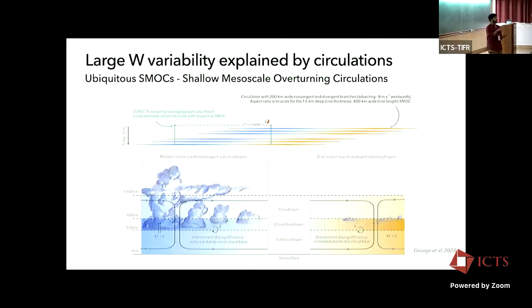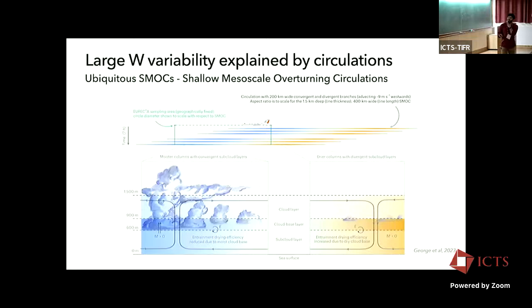And then there's always a dipole between the two layers in divergence. We speculated that these are probably circulation signals that we're seeing. On some days, the aircraft saw moist columns, convergence in the subcloud layer, and divergence in the cloud layer. On other days, we measured divergence in the subcloud layer and then convergence in the cloud layer, which was much drier.